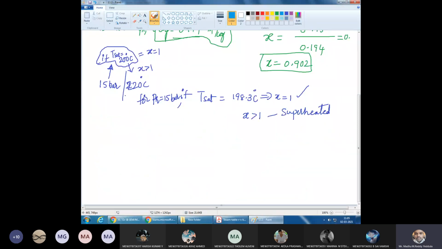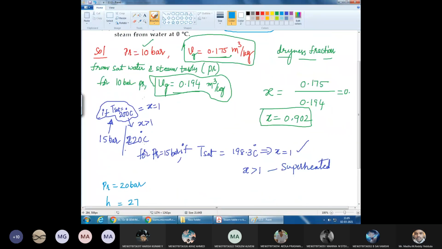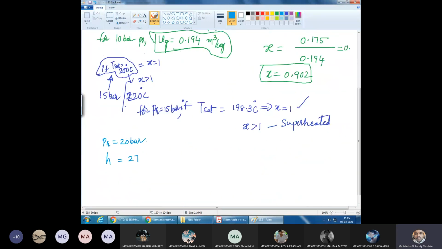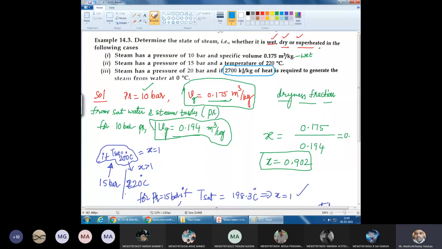Let me write: pressure 20 bar, total heat enthalpy given as 2700 kilojoules per kg, required to make steam from water at 0 degree centigrade.